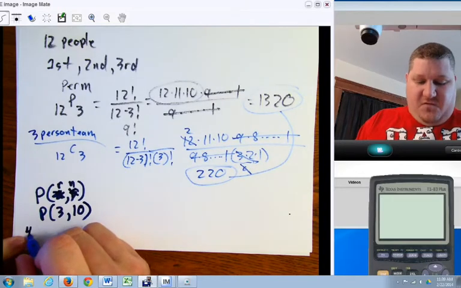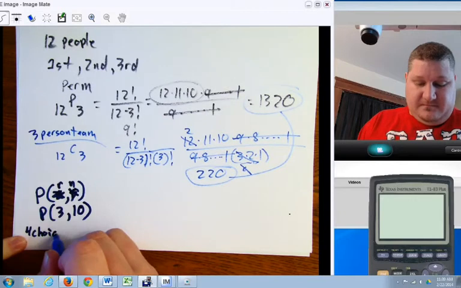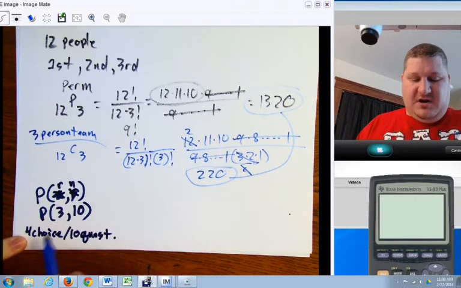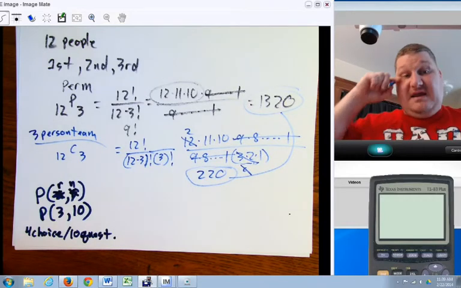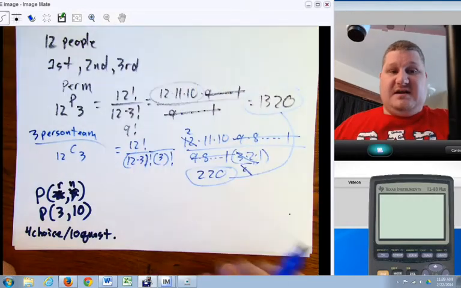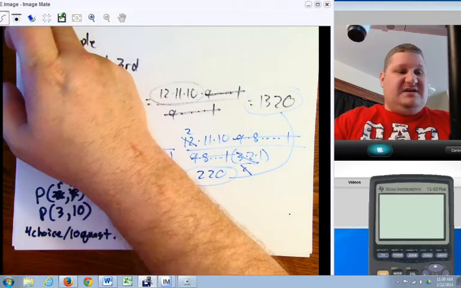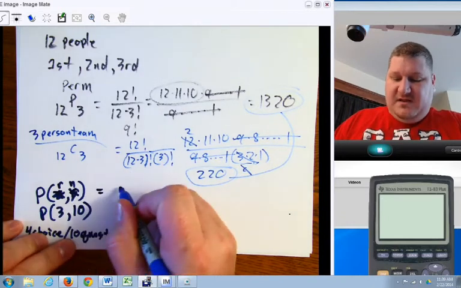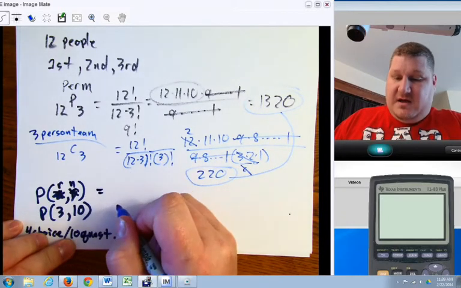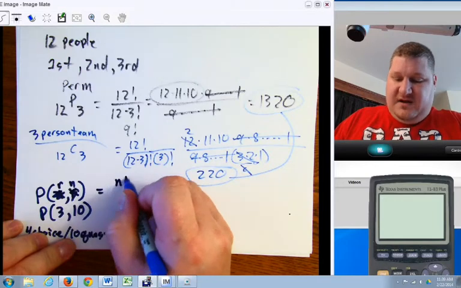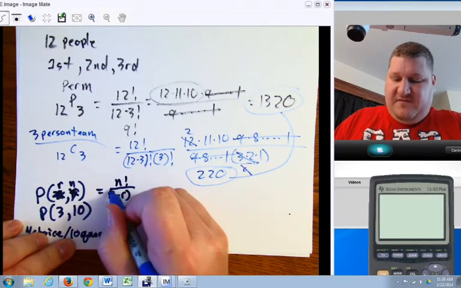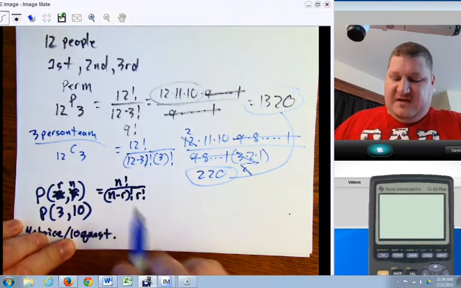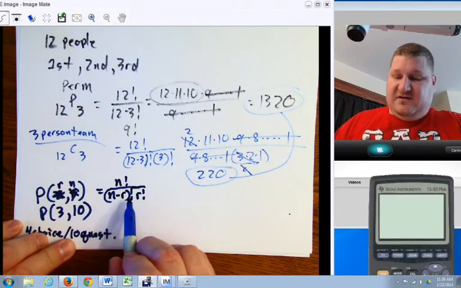So if I have 4 choice, 10 question, I want to know what's the probability of getting exactly 3 of those 10 correct. Now, to get exactly 3 out of those 10 correct, I need to use the formula. That formula is going to be n factorial over n minus r factorial, because again, I don't care which 3 I get correct, so order does not matter.